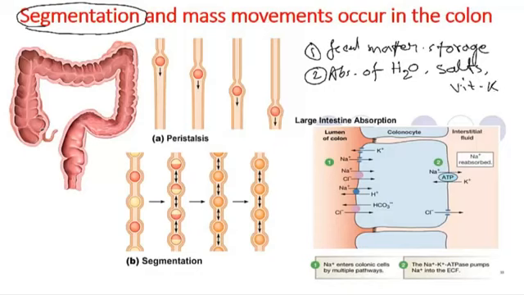Between the ileum at the very end and the beginning of the large intestine, there is another sphincter known as the ileocecal sphincter. Let's say here it's the small intestine. This ileocecal sphincter opens to allow the chyme to enter into the cecum.